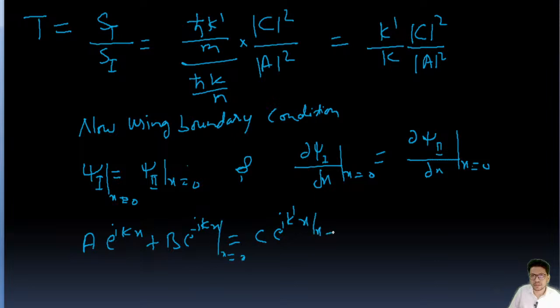Here we put x equal to 0, so it is going to be a plus b equal to c. Equation number 1.